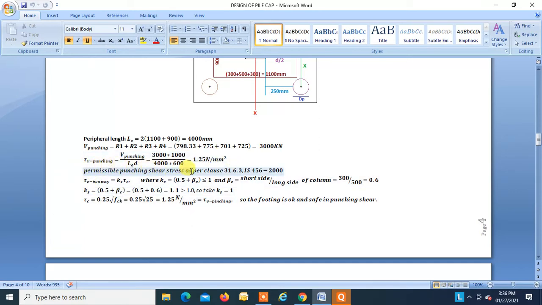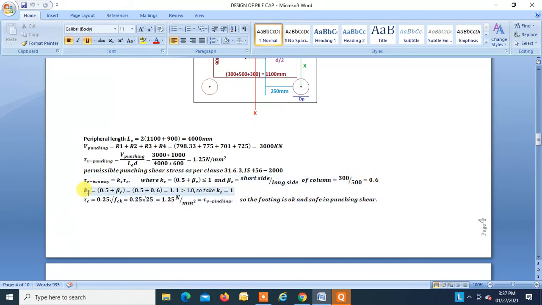Permissible punching shear stress as per clause 31.6.3 of IS 456-2000: tau c two-way is equal to Ks into tau c, where Ks is equal to 0.5 plus beta c, which should be less than or equal to 1. Beta c is the shorter side by the longer side of the column, that is 300 divided by 500, which is equal to 0.6.